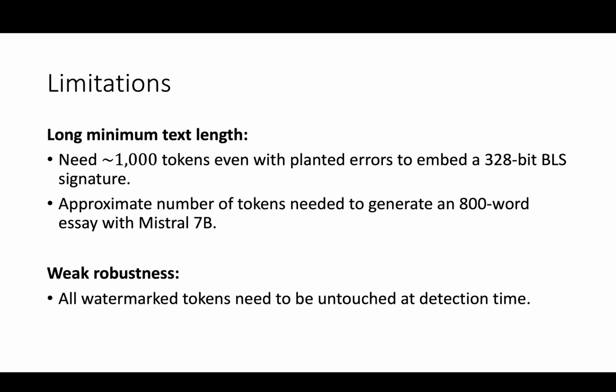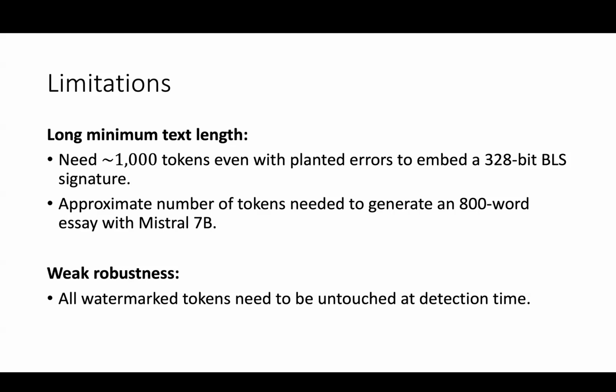Okay, so there are some limitations of our work. As I mentioned, we have to embed these signatures, so we need large enough text. It ends up being around 1,000 tokens, which allows us to embed a BLS signature. This is roughly 800 words if you're using Mistral 7B, which is one of the LLM models.